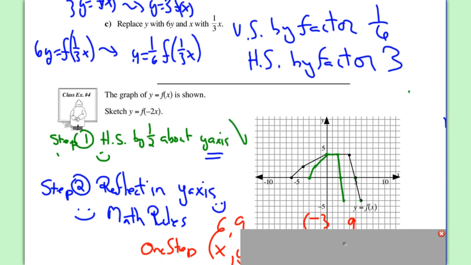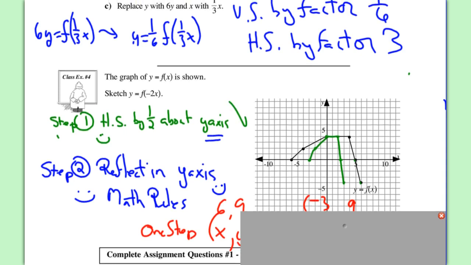The only thing that I need to do now is reflect it in the y-axis, and doing that is really pretty straightforward. If I had a transparency, it would be really easy. But now I'm just going to take these points and go like this. So this half of the graph, this point actually goes over there.